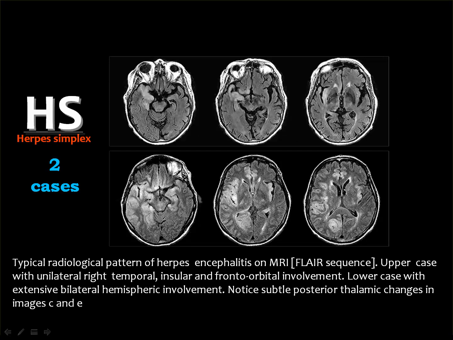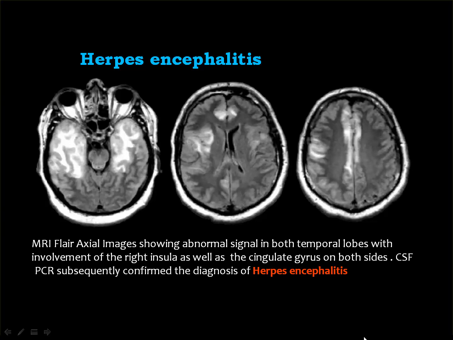These are two cases of herpes encephalitis. The first one is a unilateral lesion located in the characteristic location, which is the temporal lobe. And the second case is bilateral lesions with predominant temporal lobe affection, and the lesions may spread to the frontal lobe and to the occipital lobe as well.